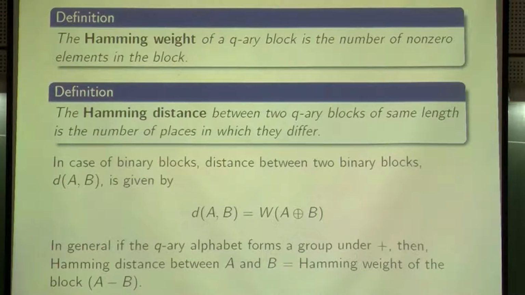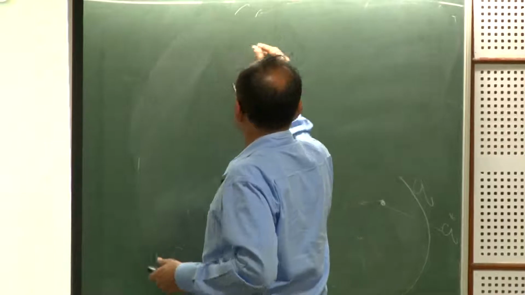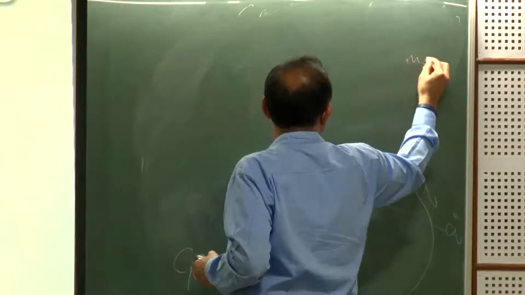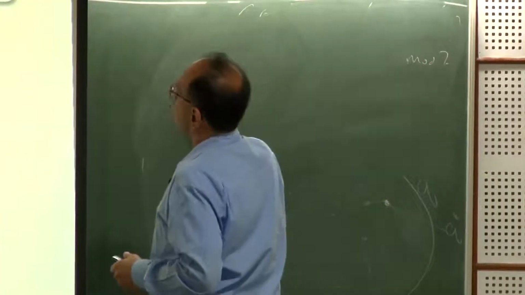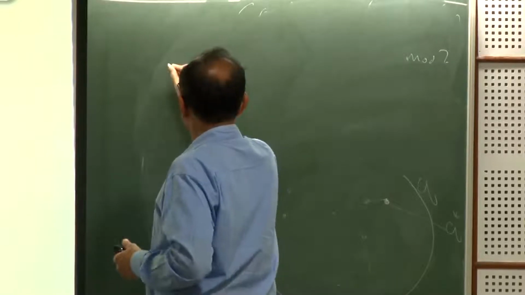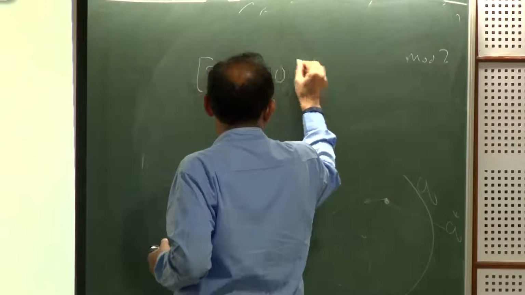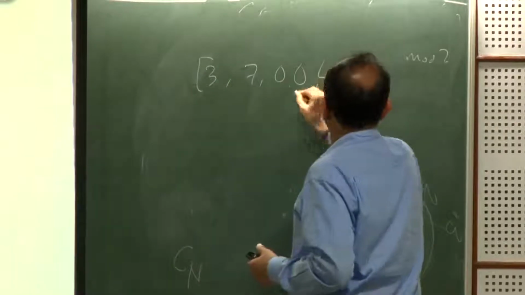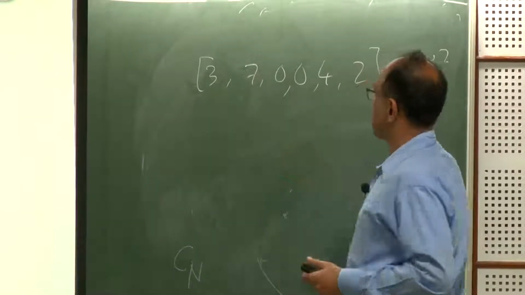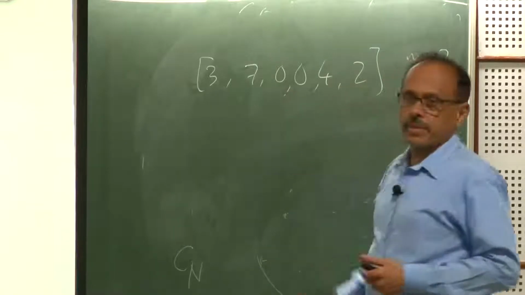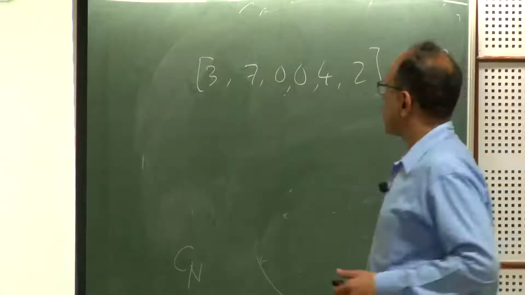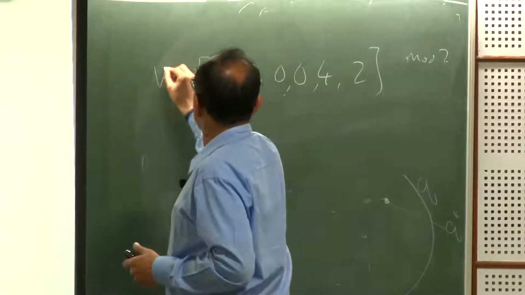Sometimes lots of variations are done in this area. So for example, let's take modulo 7. You have some vector given by 3, 7, 0, 0, 4, 2 of length 6. What's the Hamming weight of this vector?